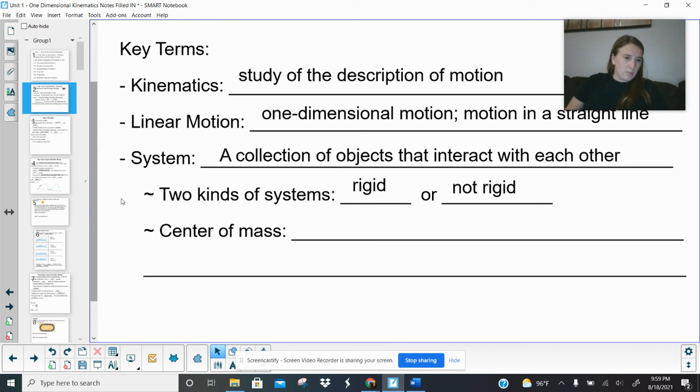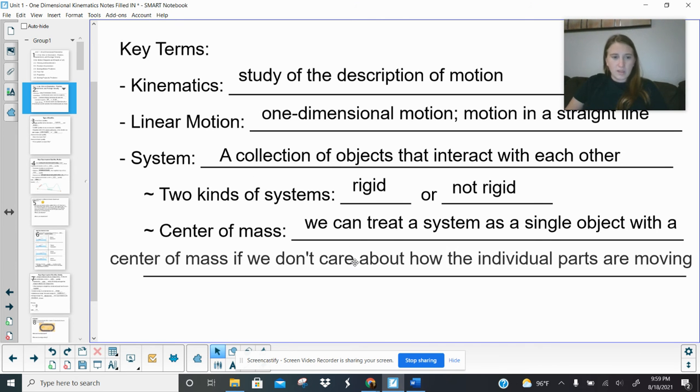One more term here, and then we'll put together why these terms are all important: center of mass. We can treat a system, which again is just a collection of objects that interact with each other, as a single object, as just one thing, with the center of mass, if we don't care about how the individual parts are moving. So again, a human body is not a rigid system.